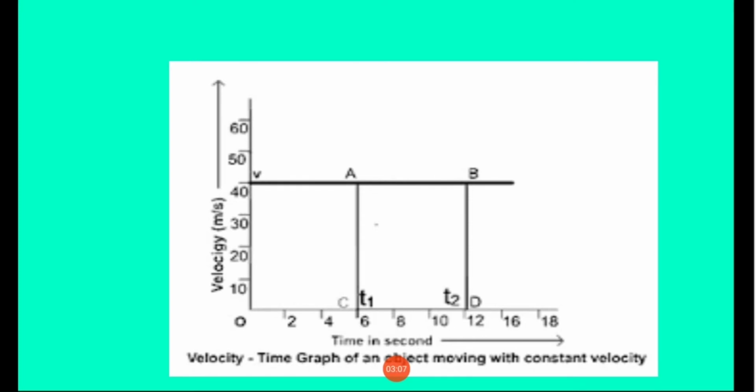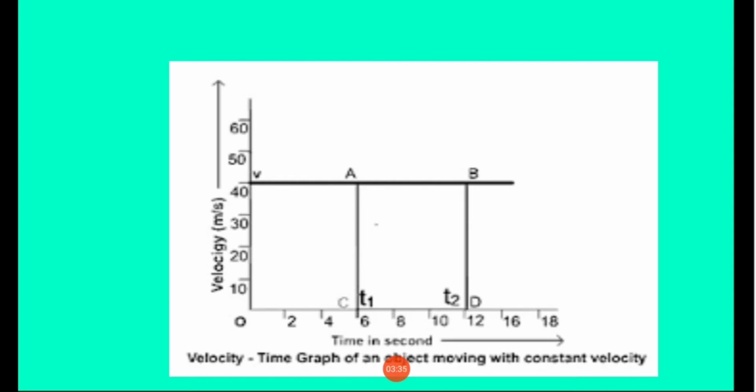So from the same formula we can say that distance is equal to speed into time. So here if you see, we have the values of velocity or speed of the object, and we also have the time interval. So in case we have to calculate the distance between t1 and t2, then we have to calculate it using the formula speed into time.